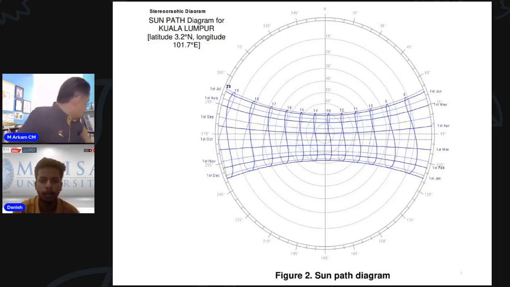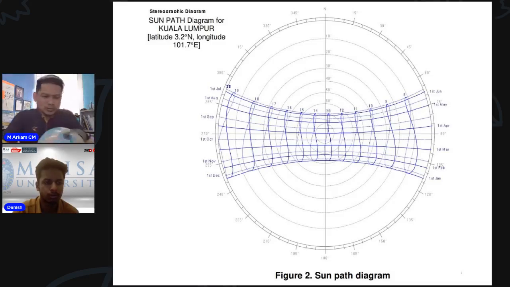Oh yeah, I have something to show you. This is my topic. I have a globe in my office. The sun positioning is not here. It comes from here, then goes a little bit up, and comes back, then goes below again, up and down. This happens in our tropical climate.